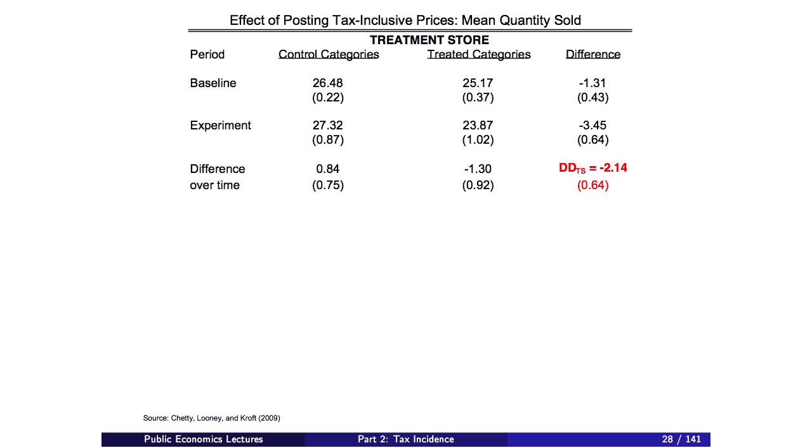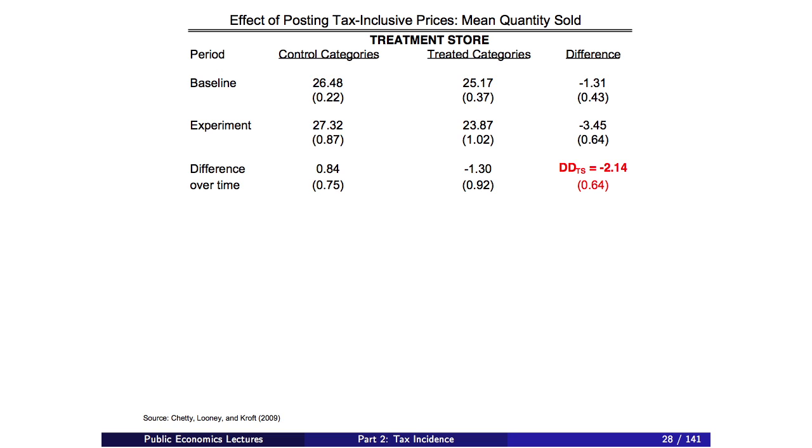We just picked a certain set of products over a certain period and treated them and didn't treat others. You could have thought about a randomized design at the product level, like I put a tag on this lipstick but not that lipstick. But we thought that'd be really confusing, right? People would think, why does this one look like it's taxed and the one right next to it is not taxed, and so forth. So that's why we take this approach.